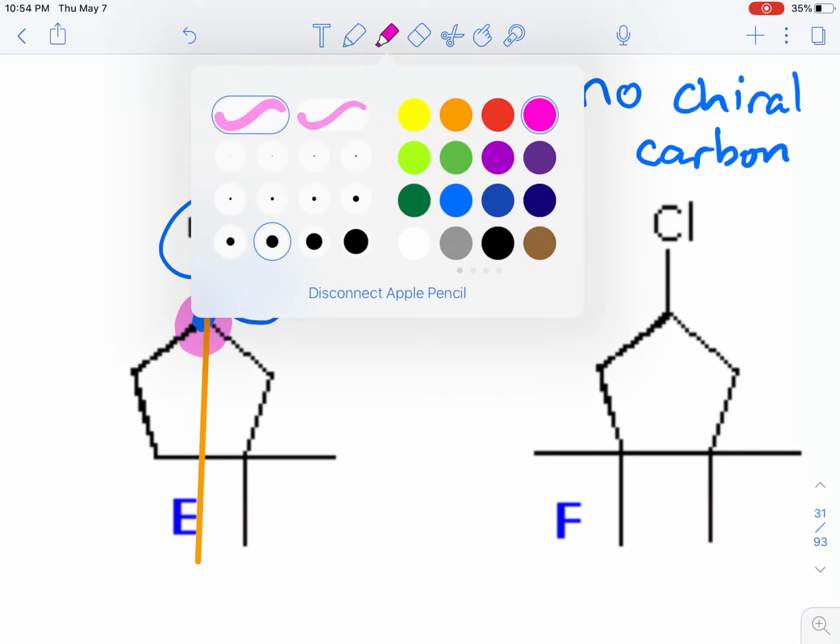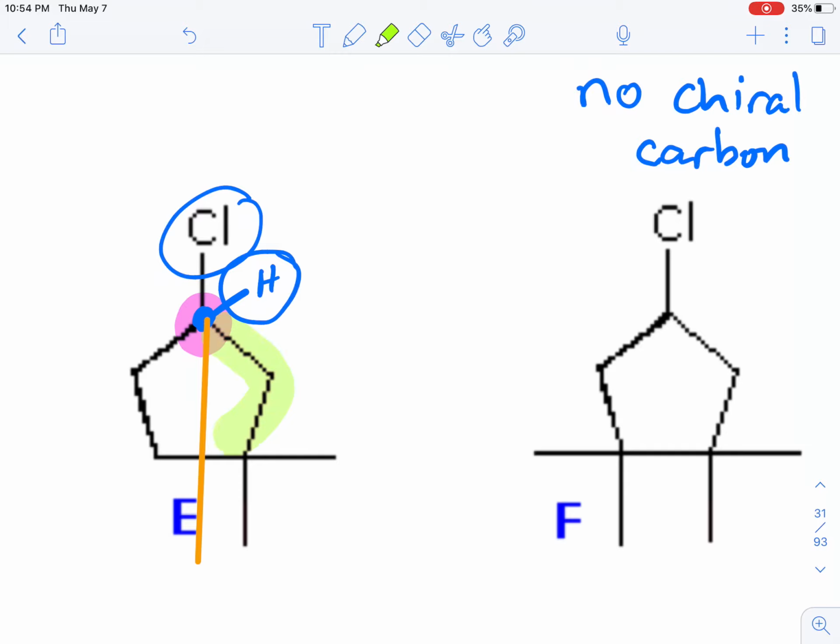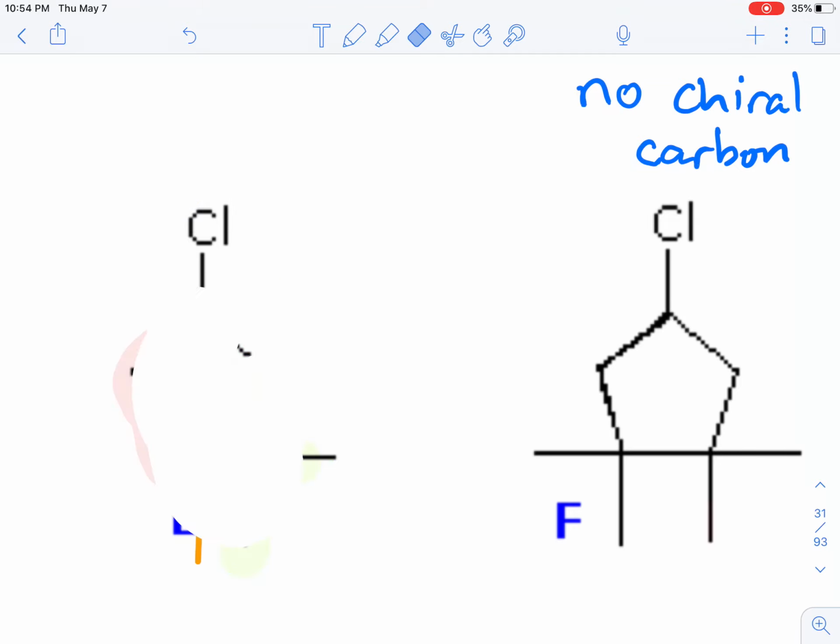And if you guys are comparing the right-hand side with the left-hand side of that orange line, notice that both sides are different. And so therefore, there are technically 4 different substituents with respect to the carbon that I highlighted in pink. So therefore, that carbon is going to be chiral.